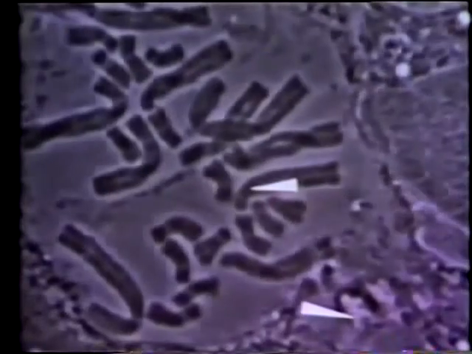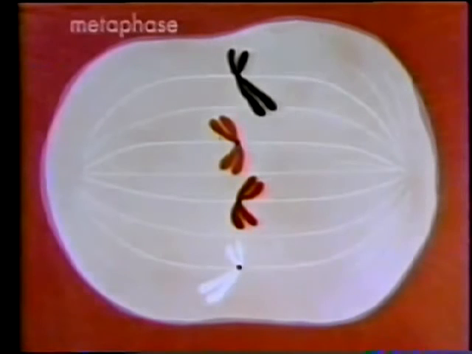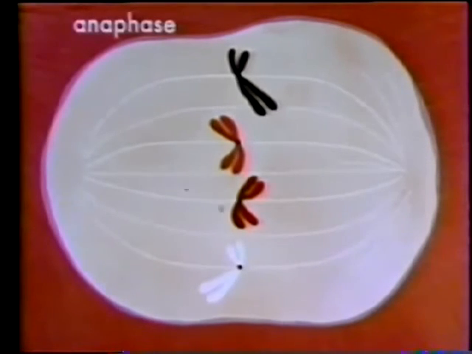Up to now, the chromosomes have been scattered at random in the central part of the cell. In the next stage, the metaphase, they line up on the equator, ready for the division. The lineup is at a right angle to the spindle, and at the midway point between the two sides. The next stage, the anaphase, is actually the climax of the mitosis.